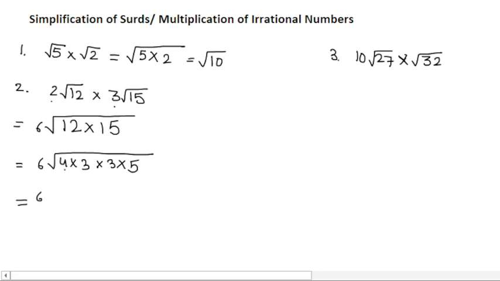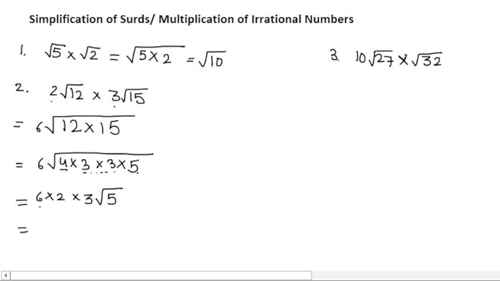The square root of 4 is 2, which is a whole number, and hence it is written outside the root. 3 times 3 is paired, and 3 times 3 is 9, and I know the square root of 9 is 3, which is a whole number, so it is written outside. This poor guy, 5, is unpaired and it remains inside the root.